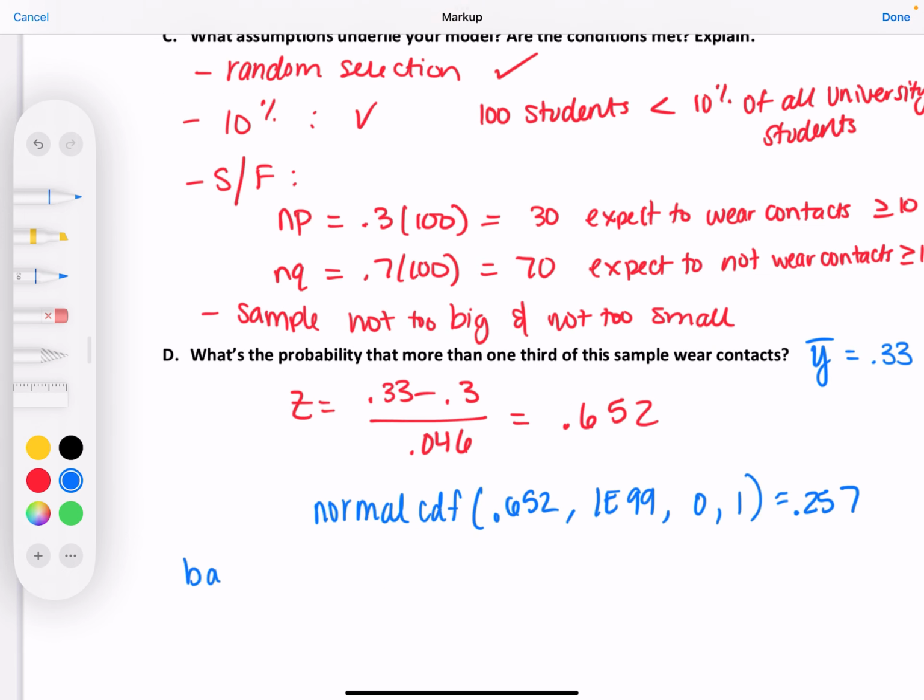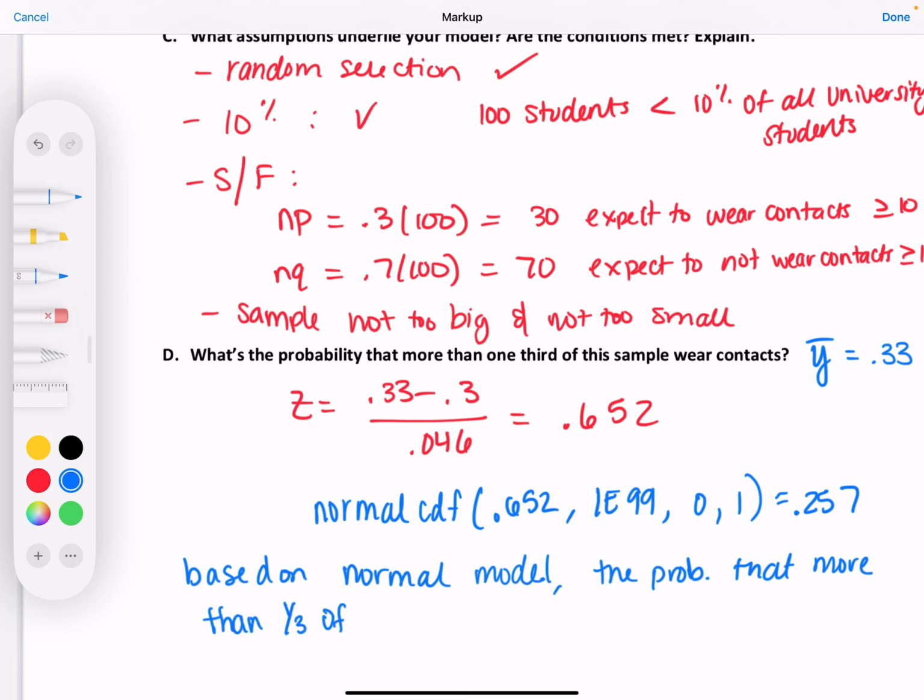So then based on the normal model, the probability that more than 1/3 of the students in this sample wear contacts is about 23.4%.